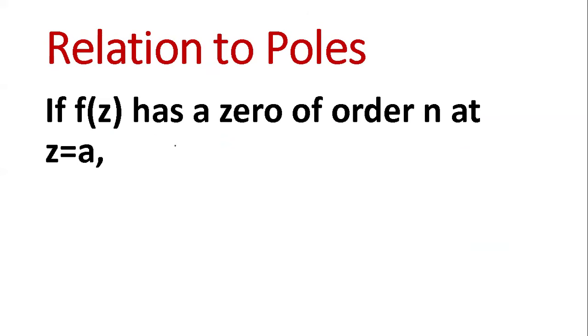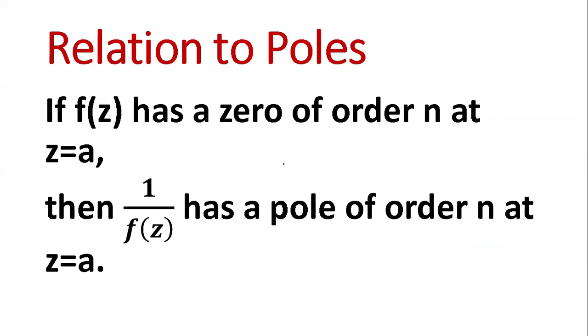Next, relation to poles. If f of z has a zero of order n at z is equal to a, then 1 by f of z has a pole of order n at z is equal to a.